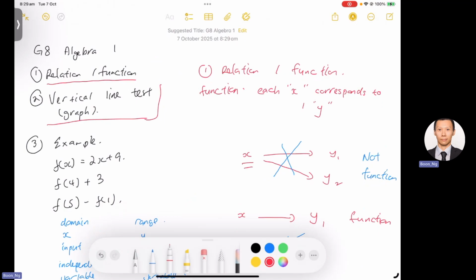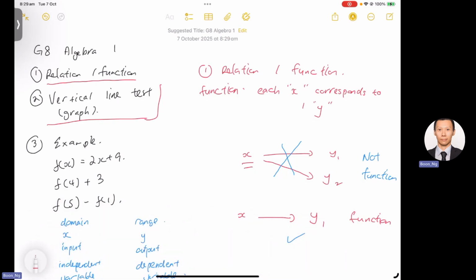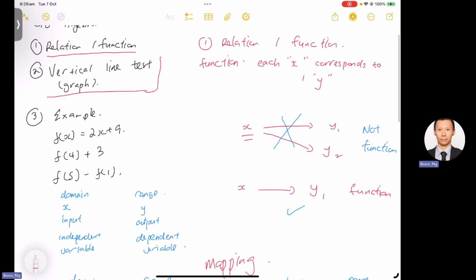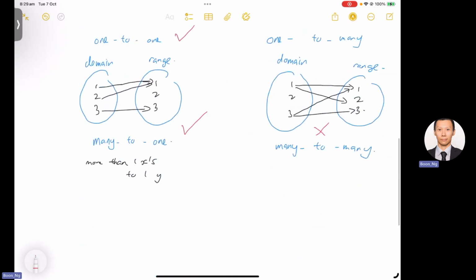The next one is how do we identify on a graph, how to use the vertical line test to identify whether it's a relation or function.